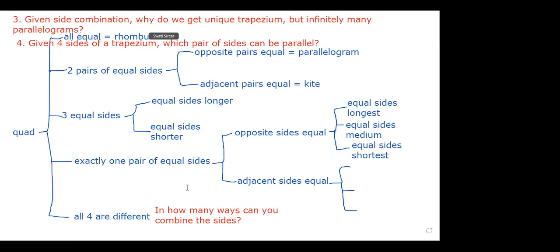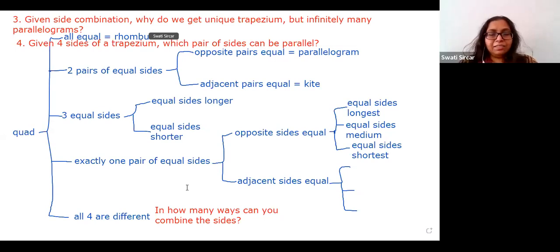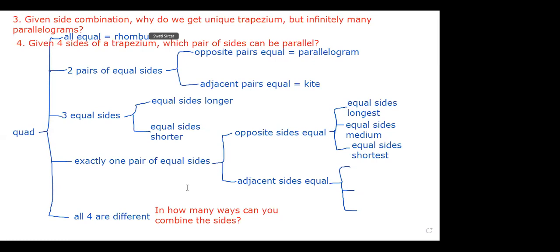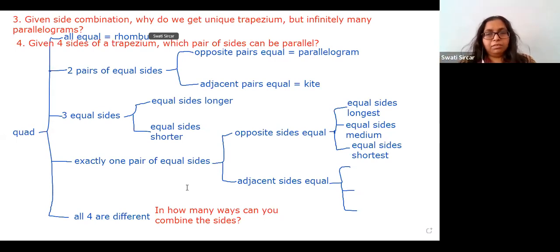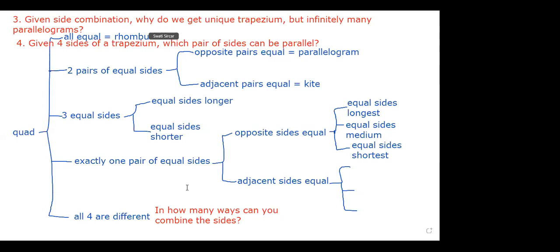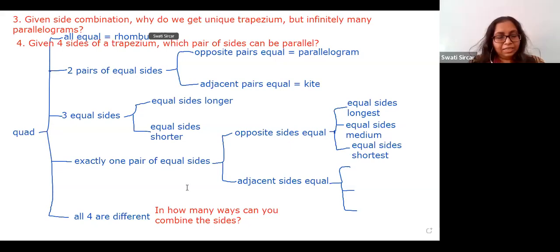Ma'am, in the isosceles trapezium, it can't be a rectangle, because the parallel sides will not be equal. Yeah, that I get. But you have a pair of parallel sides, okay? And what if the other pair is also parallel and equal? Ma'am, then it is a parallelogram. Then it will become a parallelogram if the non-parallel sides are also parallel. Right. Okay.